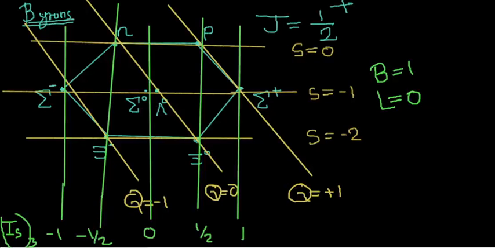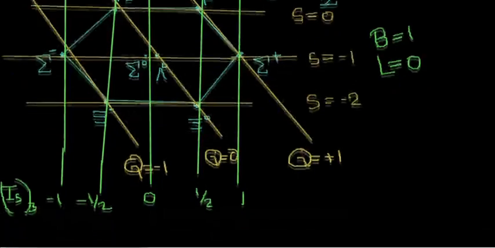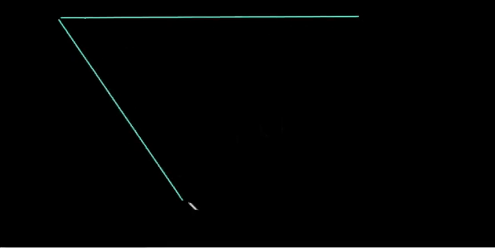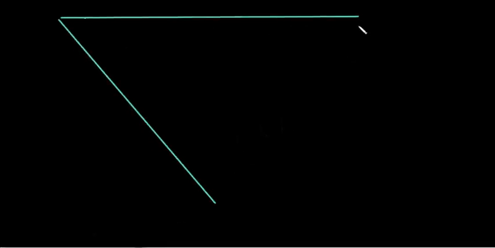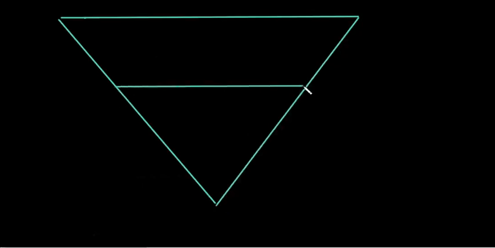Now one more variation for the baryons is the baryon decuplet. You need to have a triangle. First you draw a triangle in this fashion. Then you will have two horizontal lines in this fashion.